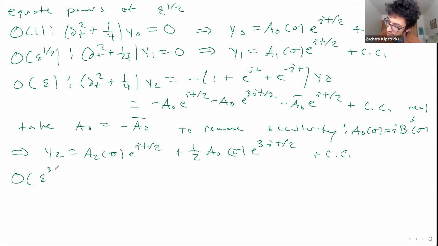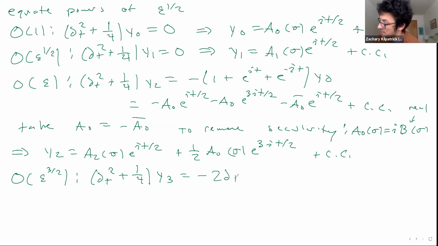Order epsilon to the 3/2, okay? I'm going to get these differential equations arising in the amplitude because I have this minus 2 d/dt d/dsigma y0 minus 1 plus 2 cosine t y1.